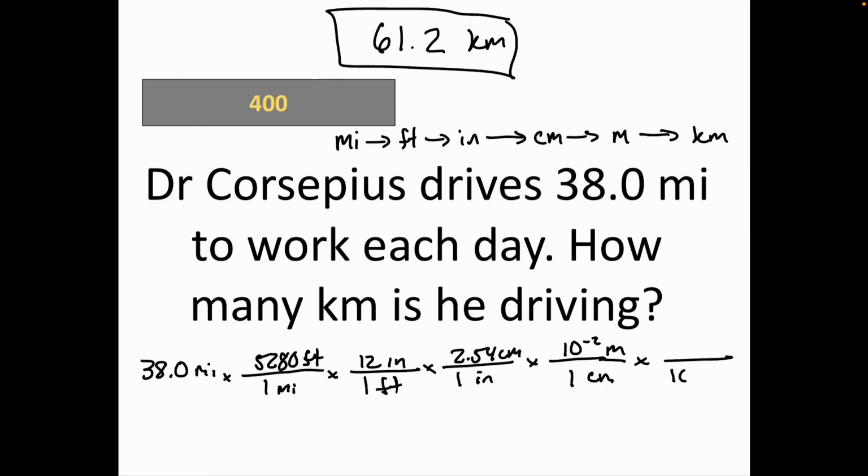And then finally, there are 1,000 meters in 1 kilometer. Punch that into my calculator, I get 61.15507. My units are kilometers. And then I'm going to round to 3 sig figs, giving me 61.2 kilometers.